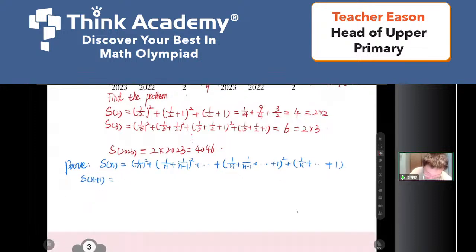If we add an additional term here, the first term, the second term, the third term, I will make a slight adjustment, and the last term of square.